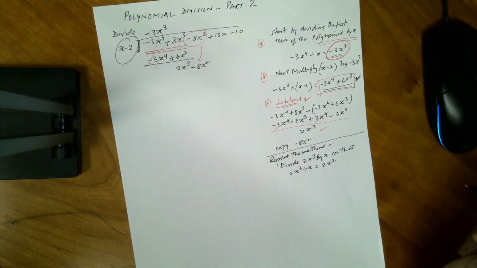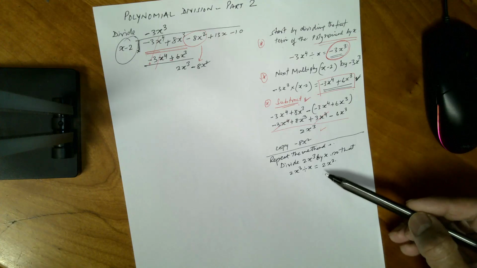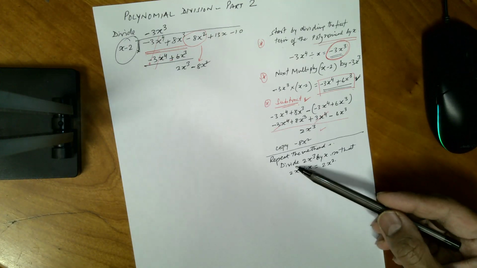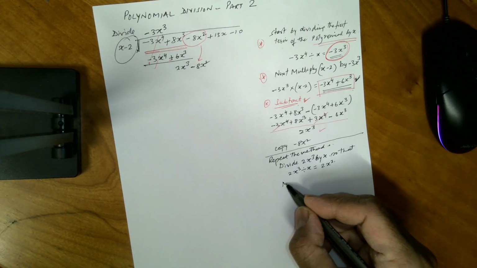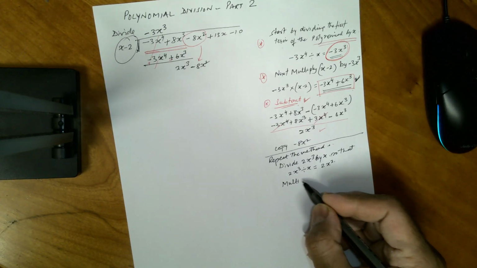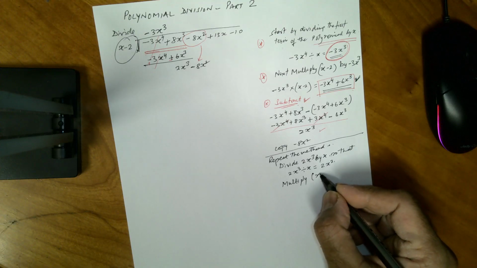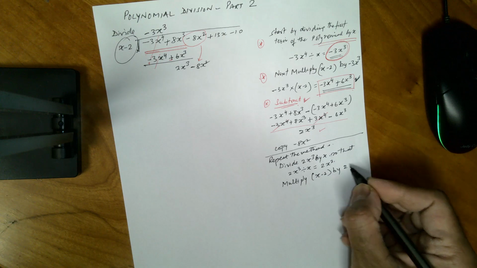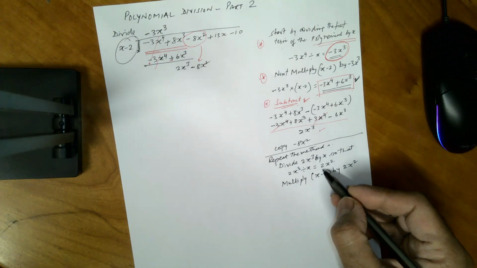So before I even multiply that one, I know this is 2x squared after division, and before I move to multiplication, so I don't forget that, I multiply x minus 2 by 2x squared. Now I know it's 2x squared.